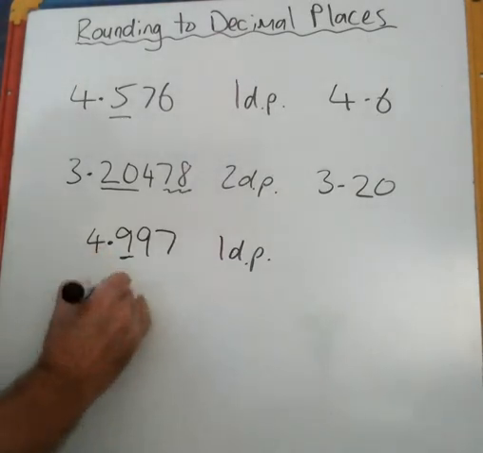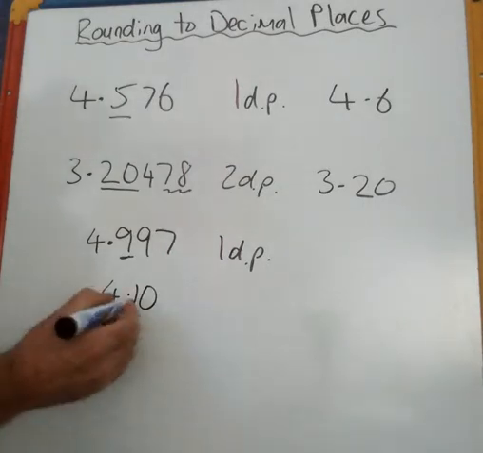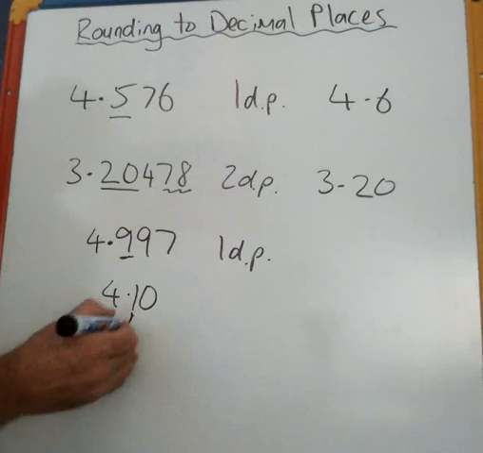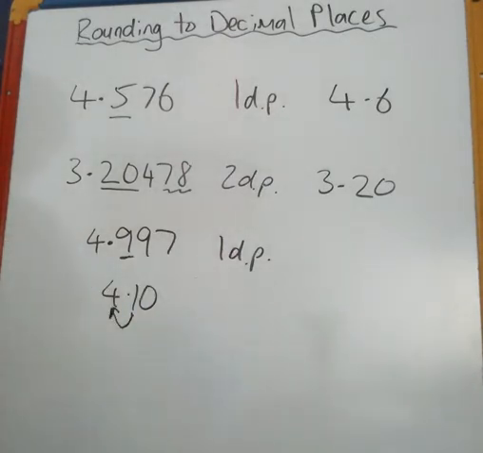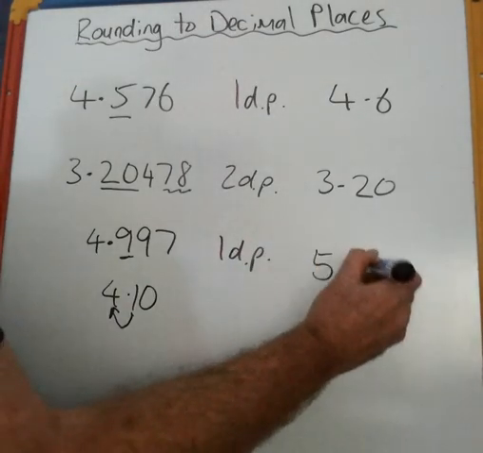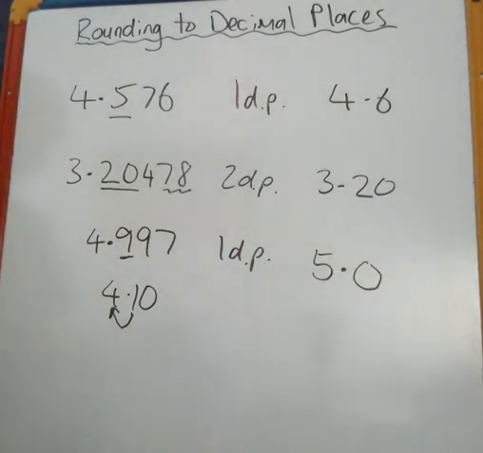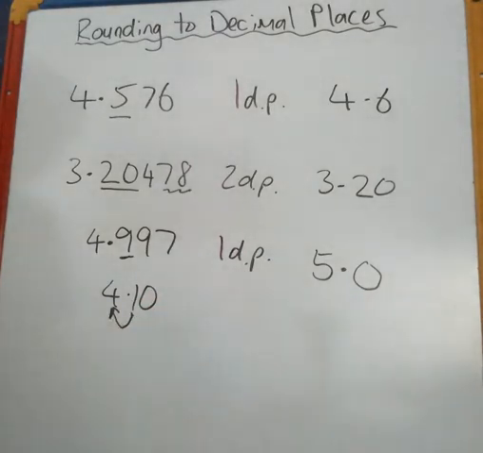But it doesn't make sense to write 4.10. So what we do is we carry this extra 1 forward onto the number directly to the left. So it's going to make the 4 into a 5. And the first number after the decimal point becomes a 0. Again, one number after the point, even if it's a 0.